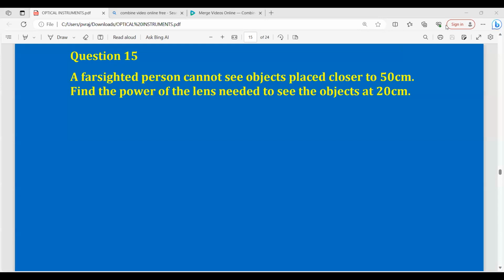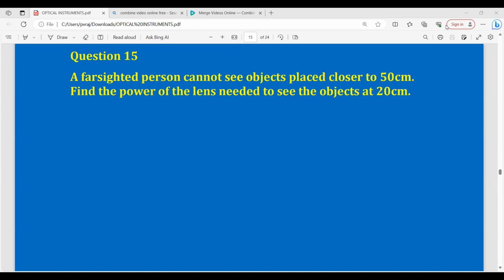Next question. A far-sighted person cannot see objects placed closer to 50 centimeters. Find the power of lens needed to see the objects at 20 centimeters.